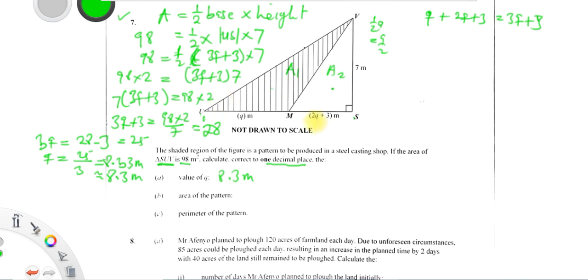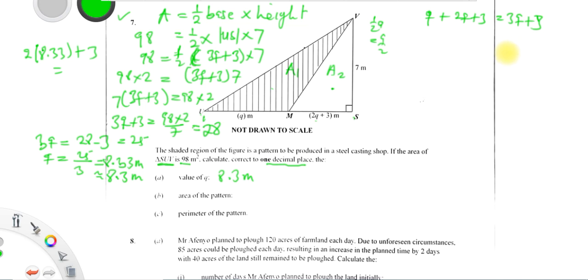So let us find this side. You know Q. This one is 8.3, or 8.33. We know that. So 2Q plus 3 will become what? Q is 8.33, so 8.33 times 2 gives you 16.66, plus 3.